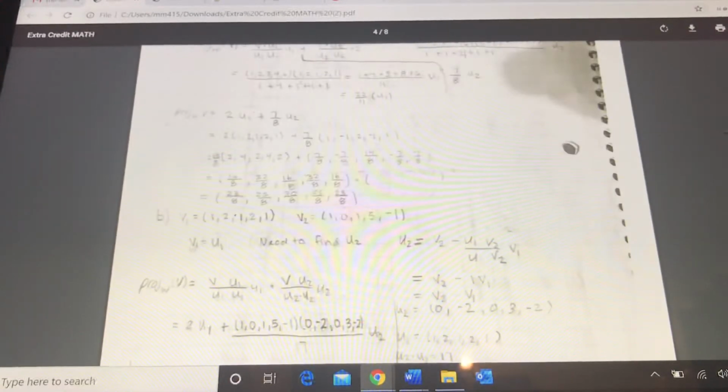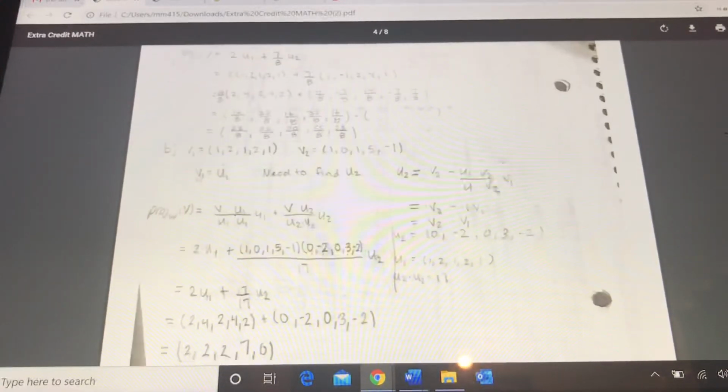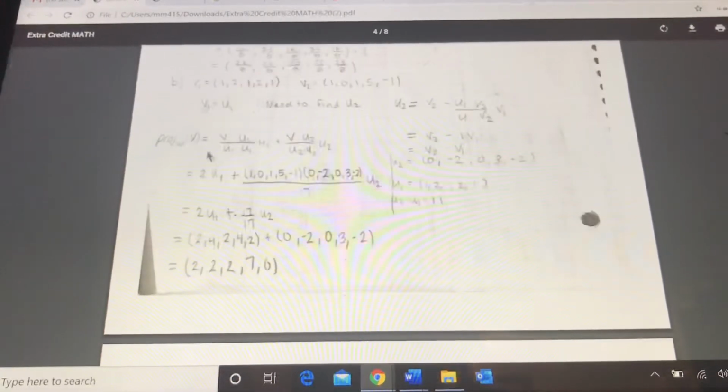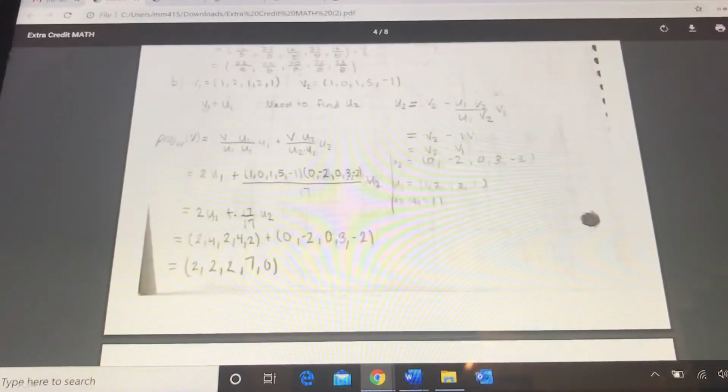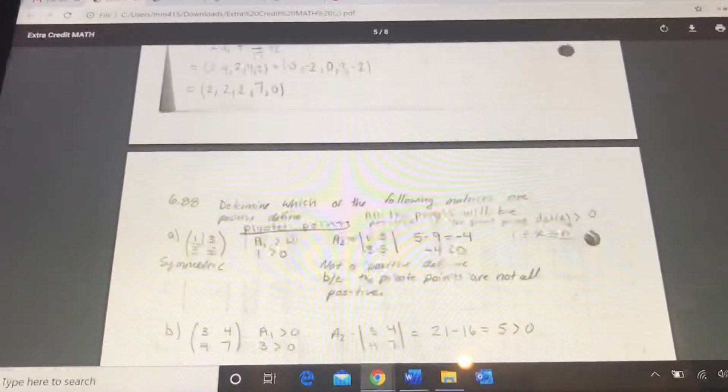Essentially the same thing, but the other way around. v1 equals u1, to find u2. This is the same as part A, so I just took that and solved for u2. Went ahead and added them, and we get this. Same deal, just following the math equations.